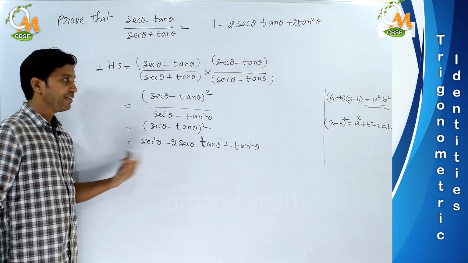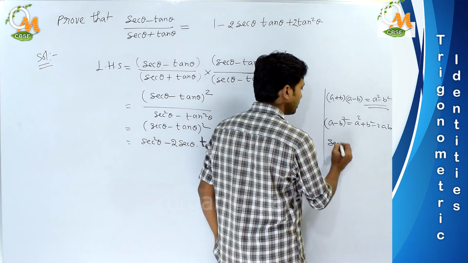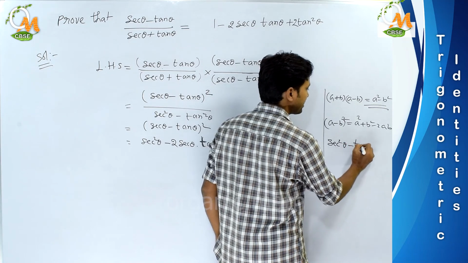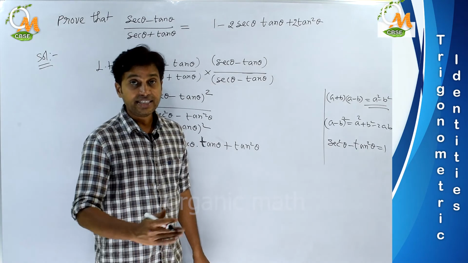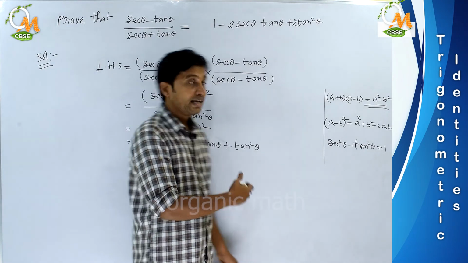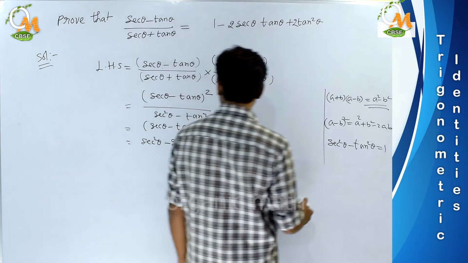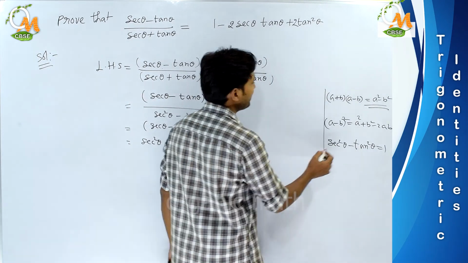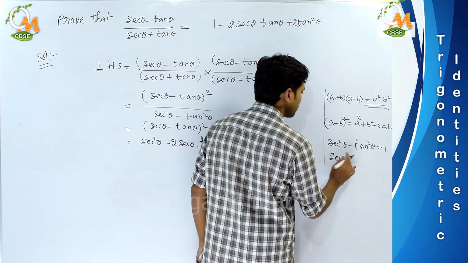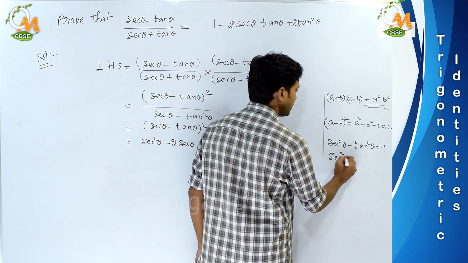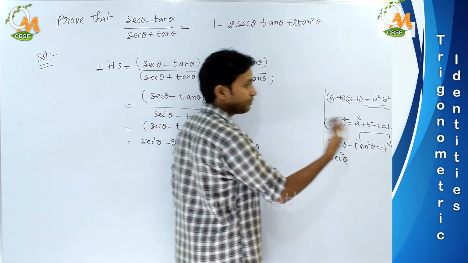What adjustment do we need to do? Again, take the second trigonometric identity, that is secant square theta minus tan square theta equals 1. We'll take the second trigonometric identity for obtaining the complete solution. Understood? So keep this secant square theta on this side, take tan square theta to the other side of the equation, then minus will be converted to plus.